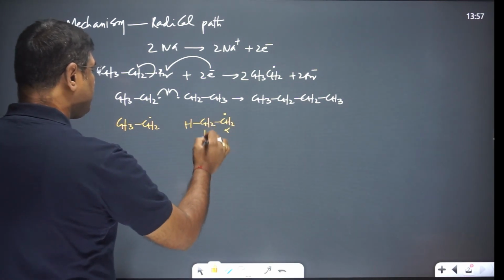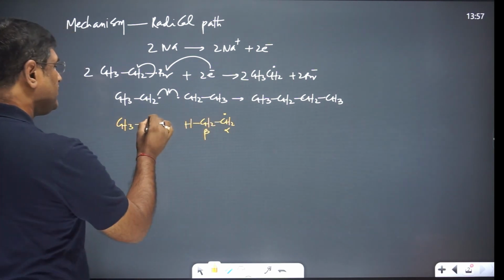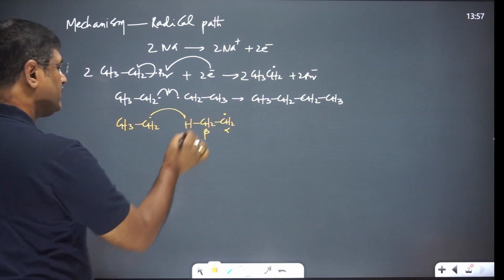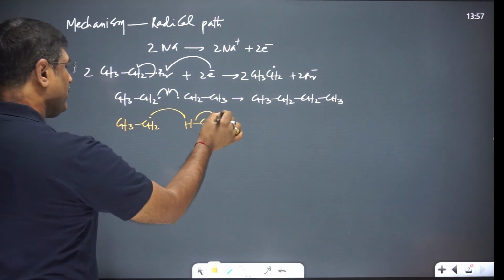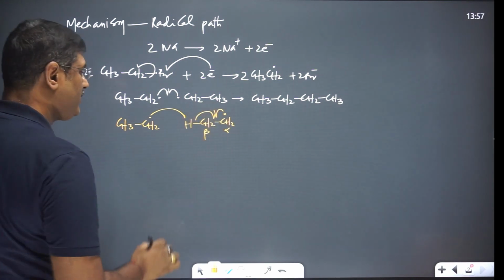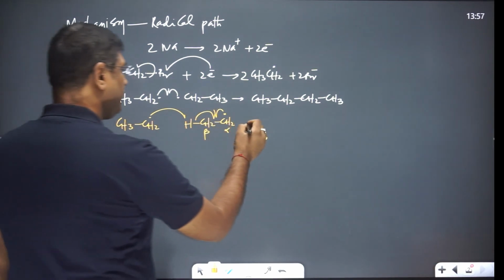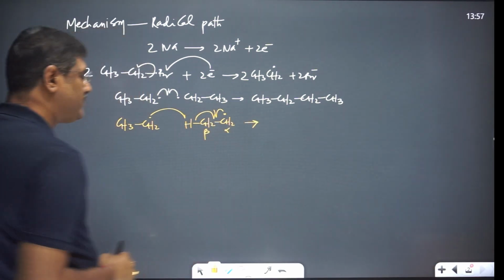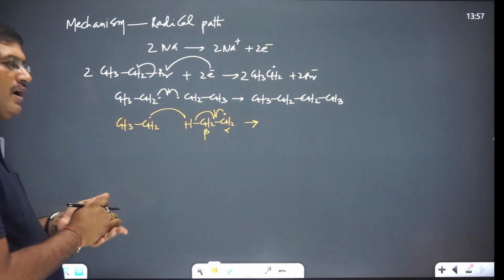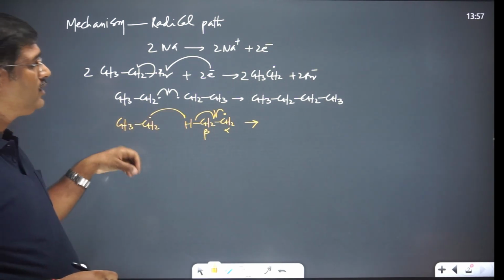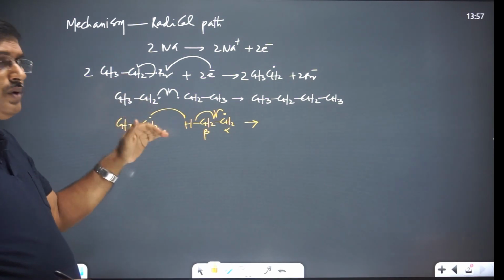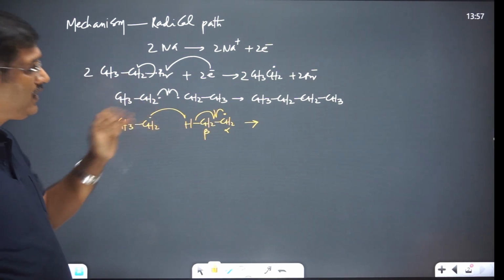This one is alpha; from the beta place this will take the hydrogen, so this carbon uses its electron with this alpha one, and as a result this alkyl free radical abstracts hydrogen from the beta place of the other alkyl free radical.